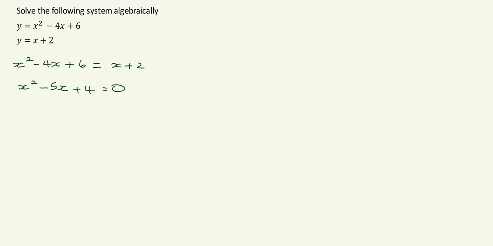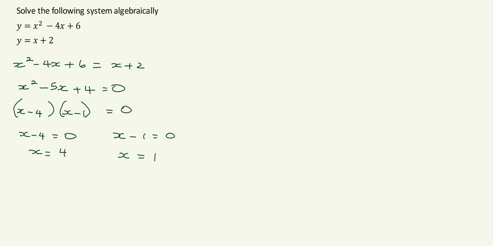So now we're going to solve this quadratic equation. We start by factoring that. So we have x minus 4, x minus 1. So x minus 4 equal to 0, so x equal to 4. We have x minus 1 equal to 0. Then we have x equal to 1.